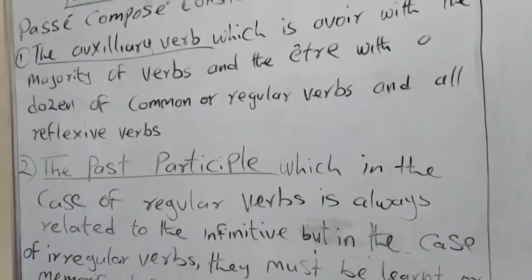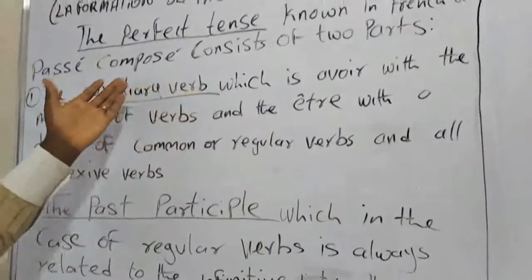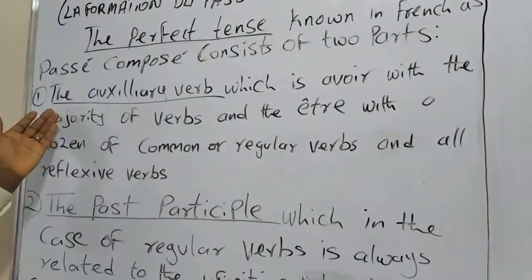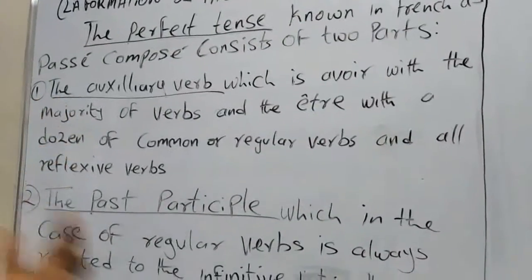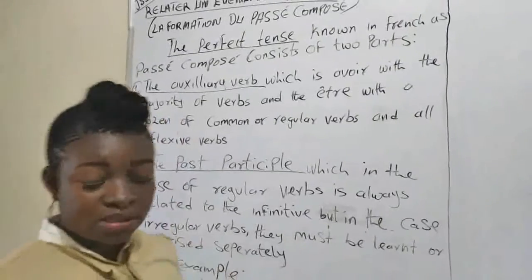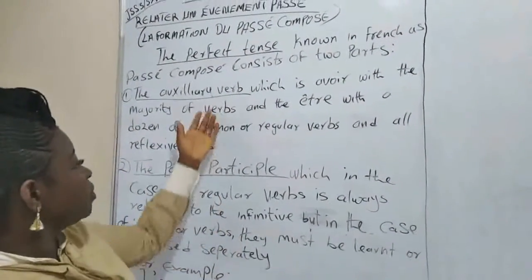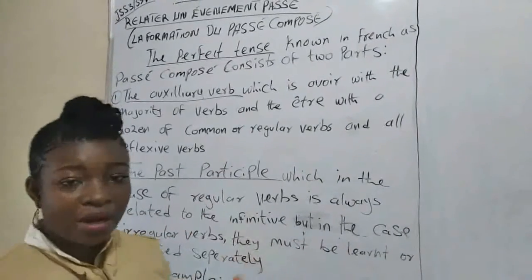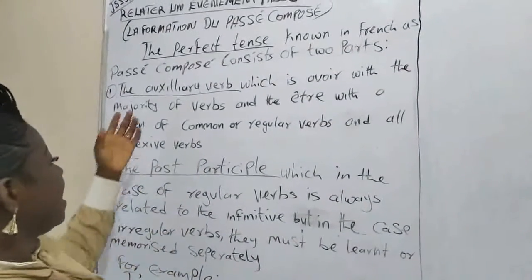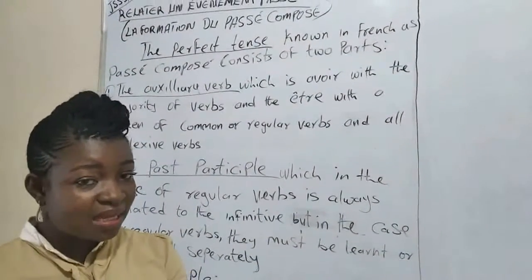So I'm going to explain this again. This perfect tense or passé composé in French has to do with two things. The first one is the auxiliary verb, which is also known as the helping verb. Now, this helping verb has to do with avoir and être conjugated in the present tense.